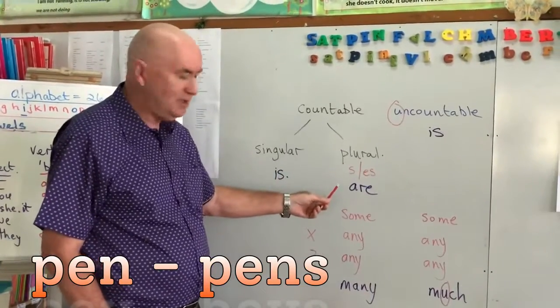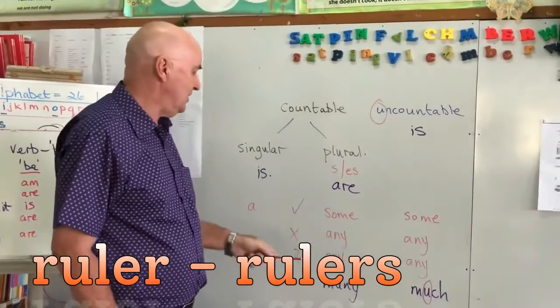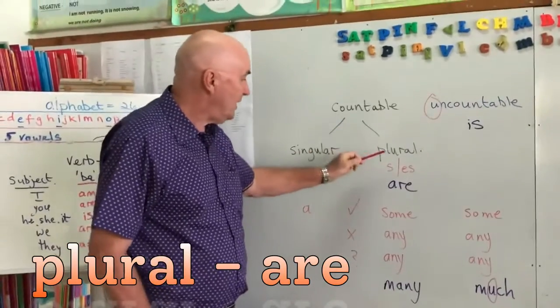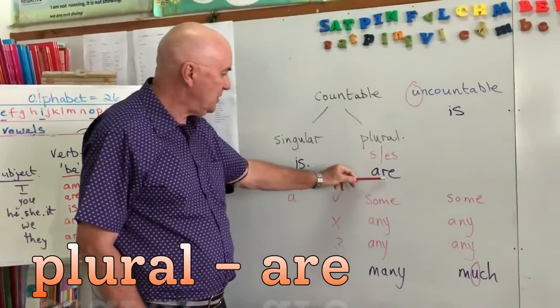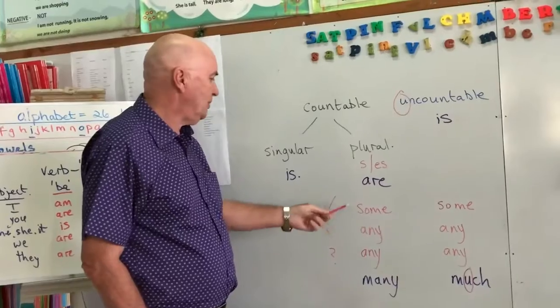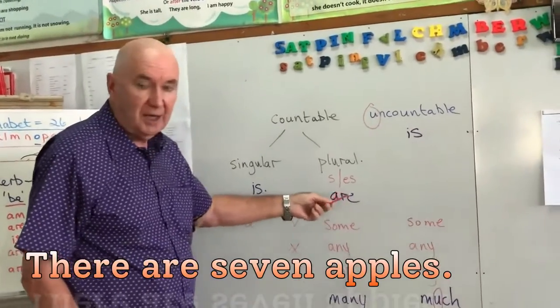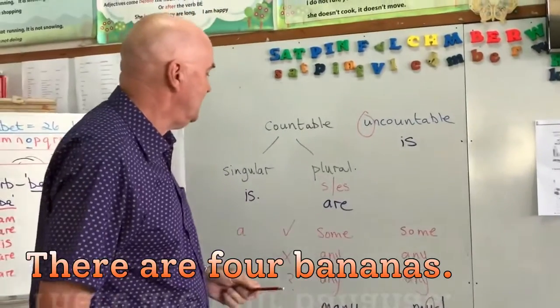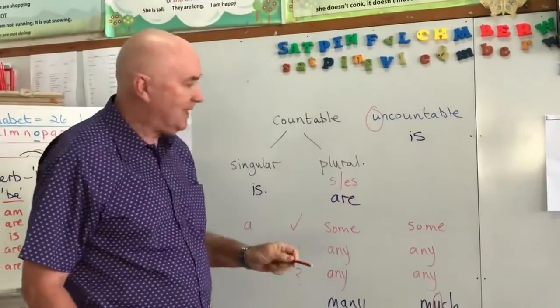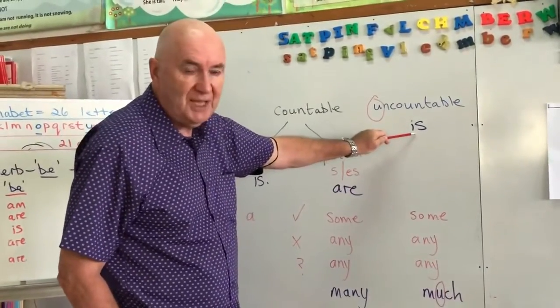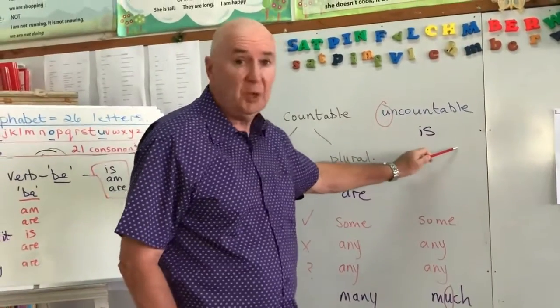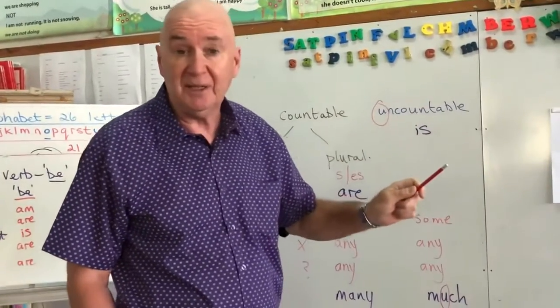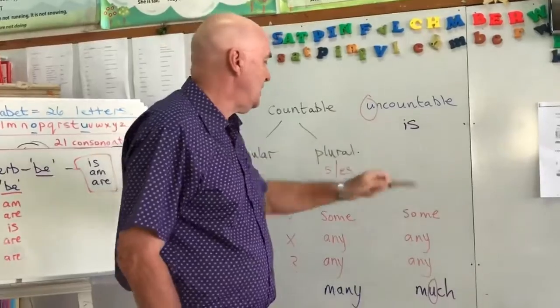Pen, pens. Okay, or ruler, rulers. If it's plural, we use are. So we would say there are 7 apples. There are 4 bananas. If something is uncountable, then we use is. There's no singular, there's no plural, because we can't count it. So we just use is.